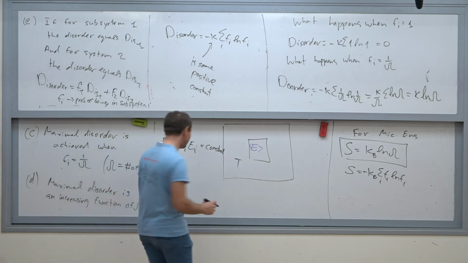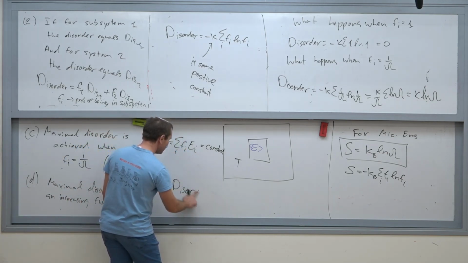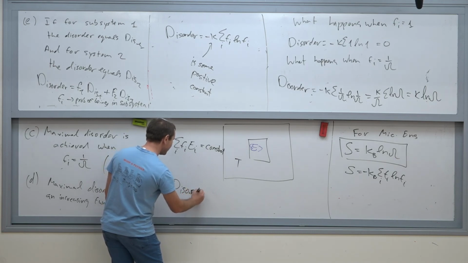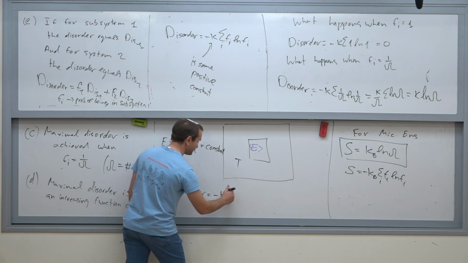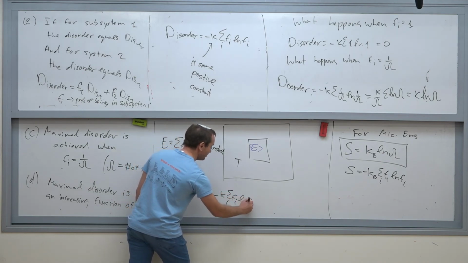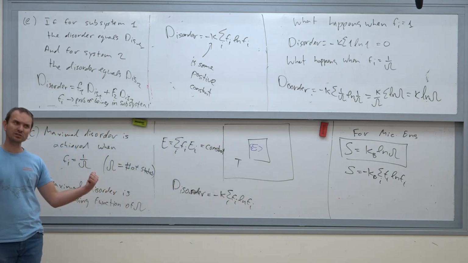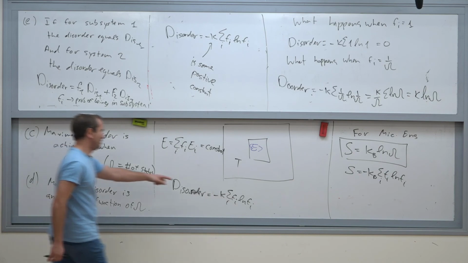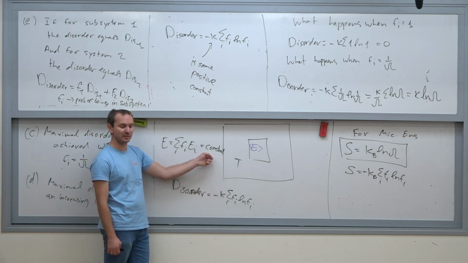I want to see what happens to the disorder, which equals minus k sum of i, Fi, log of Fi. Okay? What is the maximal disorder for this system, for the canonical representation, when the energy is kept constant?